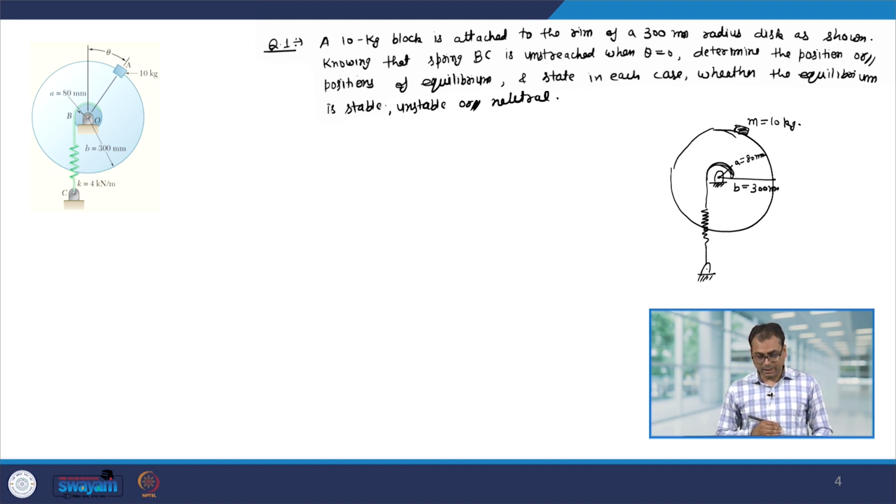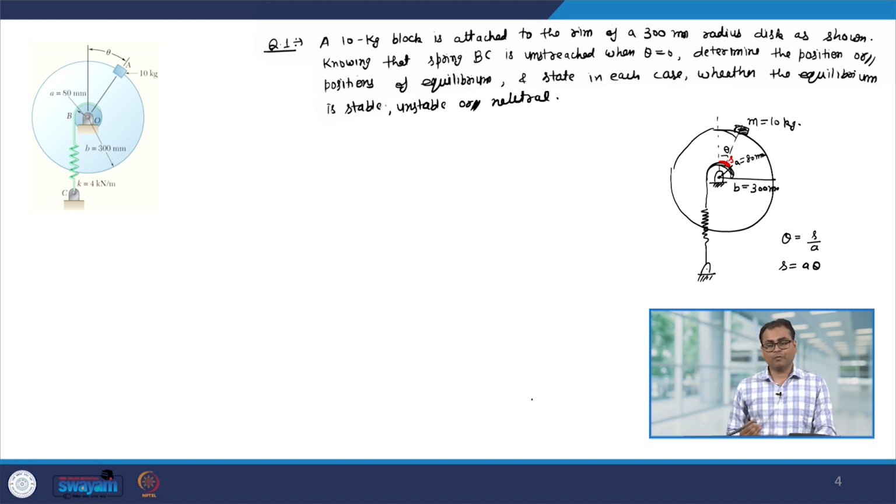Now, we can find out how much is the stretch in the spring, because that will help us to find out the potential energy of the spring. So, let us first see in this position when this angle is theta, how much the spring has stretched. So, theta is given by S divided by A, wherein let us say S is the stretch in the spring. So, therefore, S will be A theta.